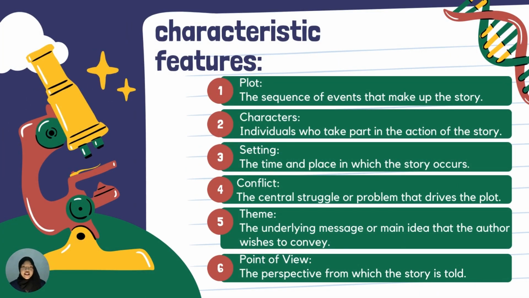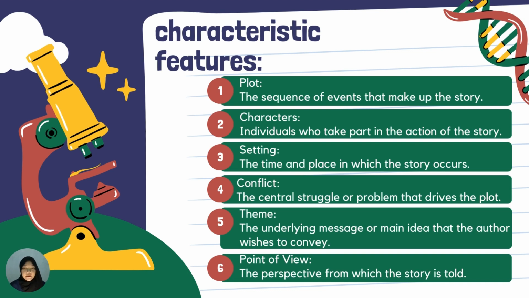Okay, the next is characteristic features. The first is plot, the sequence of events that make up the story. And then characters, individuals who take part in the action of the story. The third is setting, the time and place in which the story occurs. And the fourth is conflict, the central struggle or problem that drives the plot.